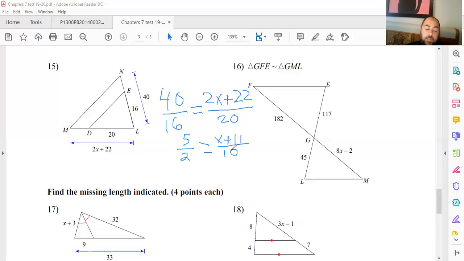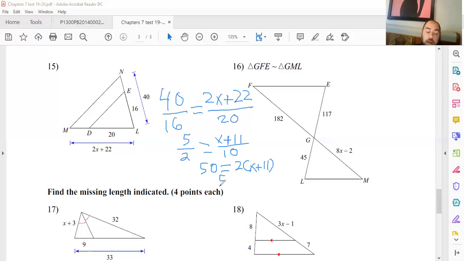Now when I cross multiply, I'm going to get 50 equals 2 times x plus 11. Before, I would have gotten 40 times 20, 800, equals 16 times 2x plus 22.